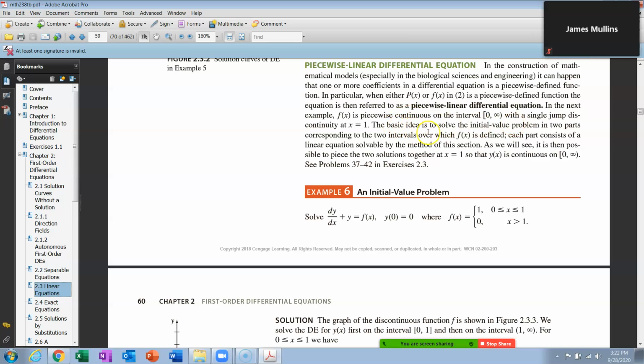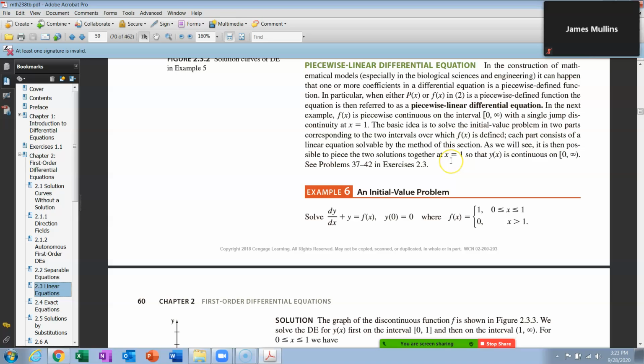The basic idea is to solve the initial value problem in two parts corresponding to the two intervals over which f is defined. Each part consists of a linear equation solvable by the methods of this section.